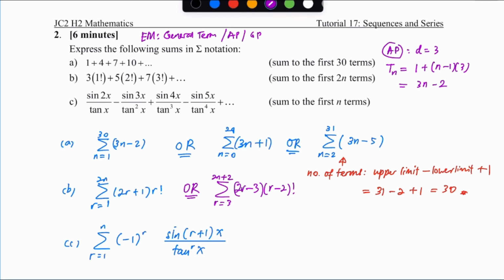You can minus 1 or plus 1 so that this matches the signs over here. One more time: if you're not too sure, you start with this first, then check the signs, then if needed, add the plus 1 or minus 1. Questions?